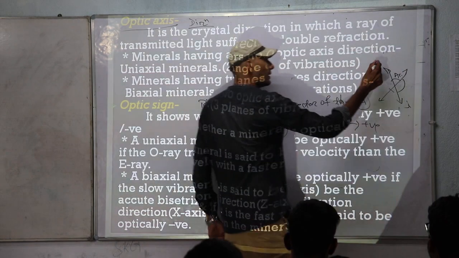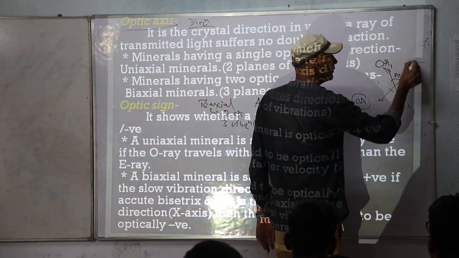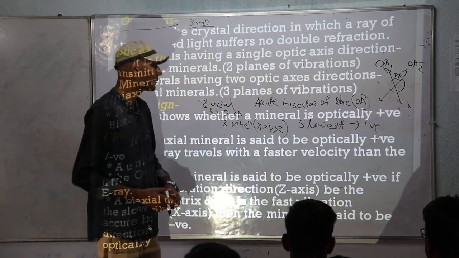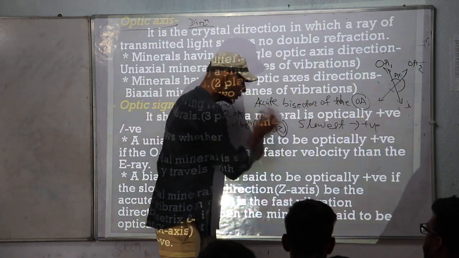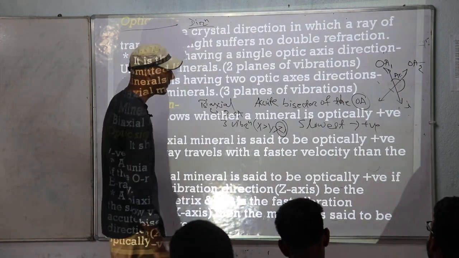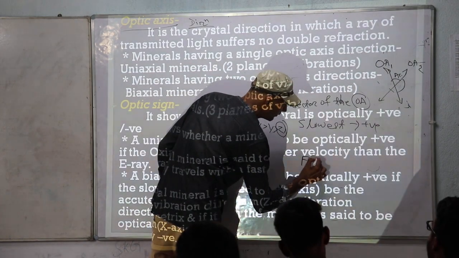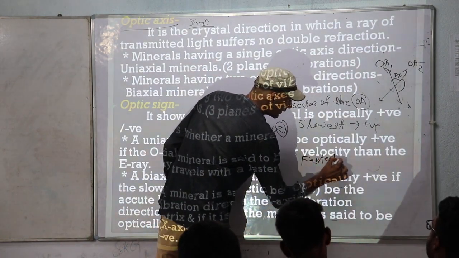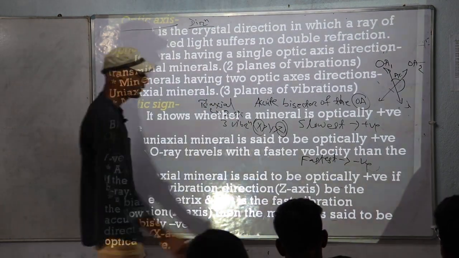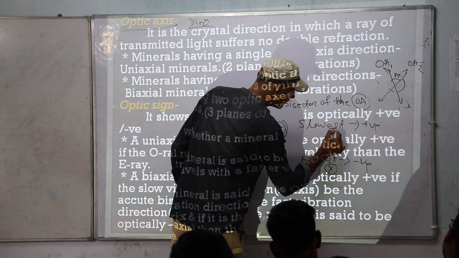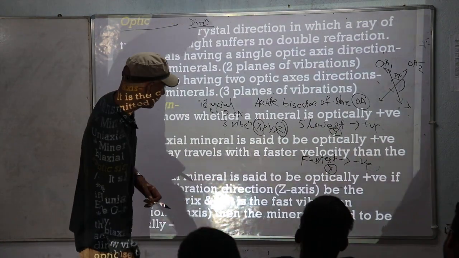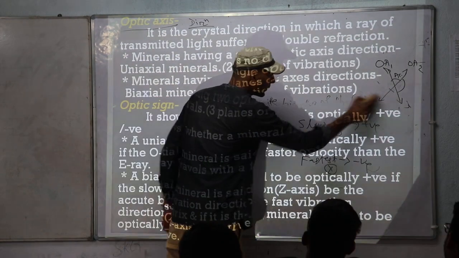If the acute angle between the two optic axes is bisected by the slowest one, that is Z, then the mineral is positive. If it is bisected by the fastest one, then it is negative. Fastest means X. Okay, got that? So these are all about optic sign determinants.